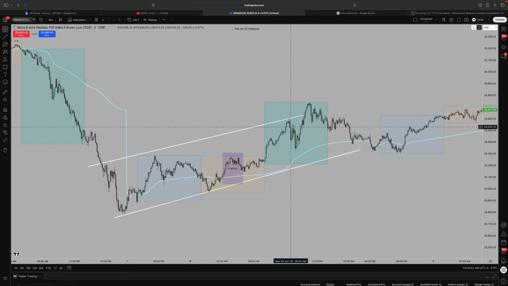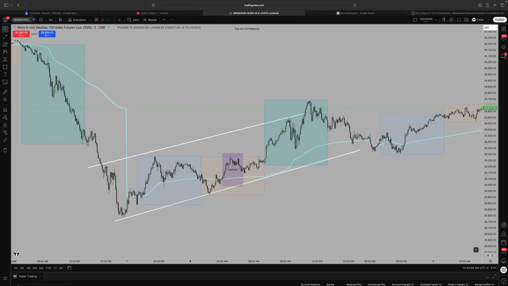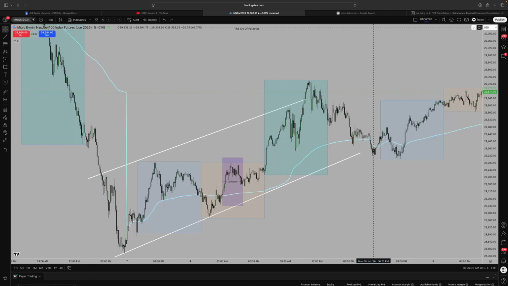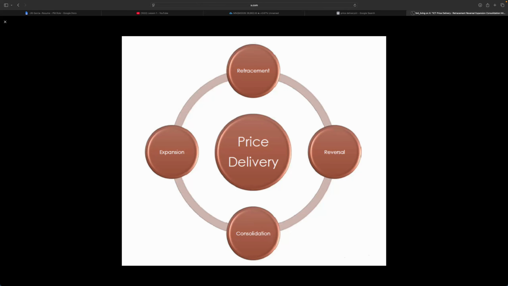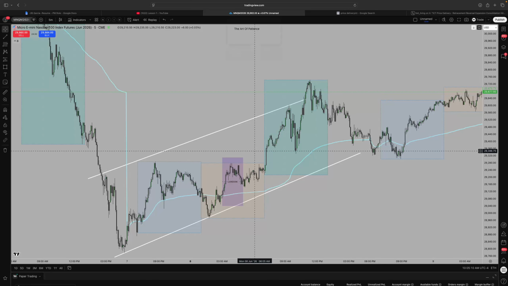So after 9:30 a.m., the opening bell, we wait. We don't want to trade before 9:30. We wait for price to do what it needs to do, manipulation and so on. Using this price delivery from ICT, we're going to identify the stage of the market.